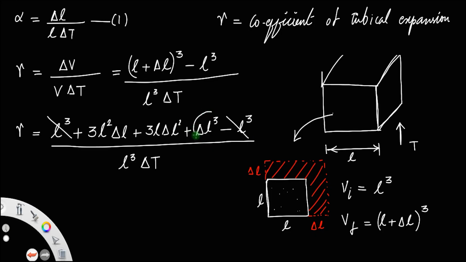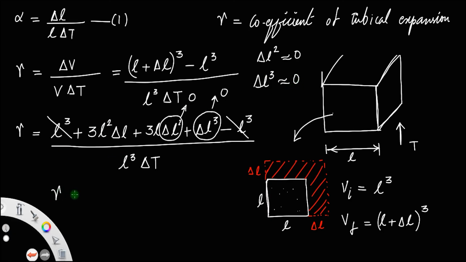The delta L cube term is 0 because delta L is already small. Similarly, the delta L square term is also 0, since delta L square is approximately equal to 0 and delta L cube is approximately equal to 0, since delta L is very small.